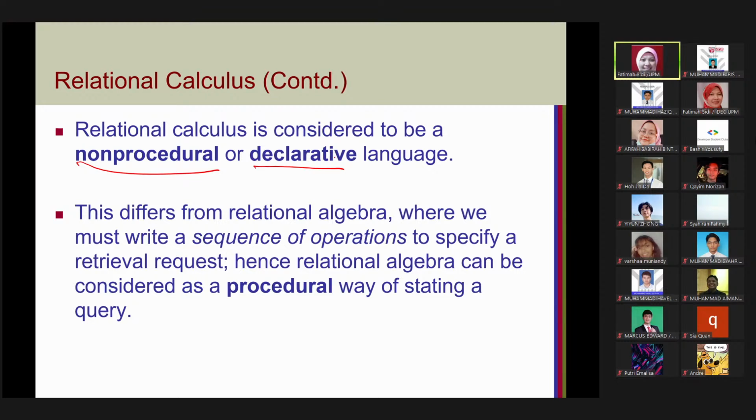In other words, relational algebra is a procedural language. So it is a way of stating a query, meaning that in relational algebra, we must write a sequence of operations to specify a retrieval request. Okay, that is the difference between non-procedural and procedural language.